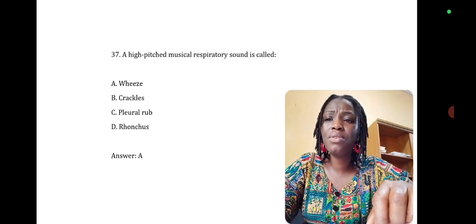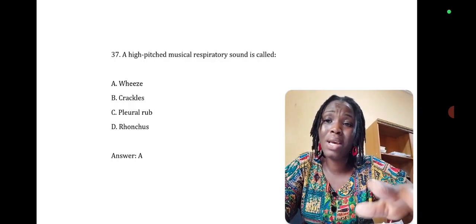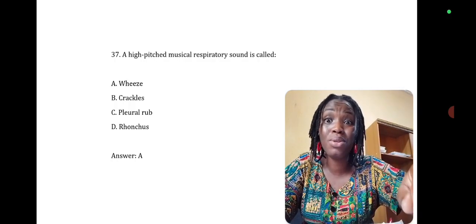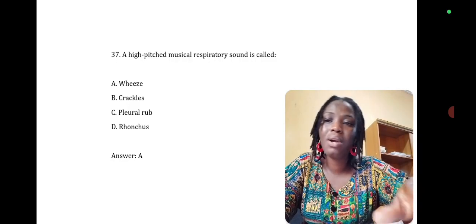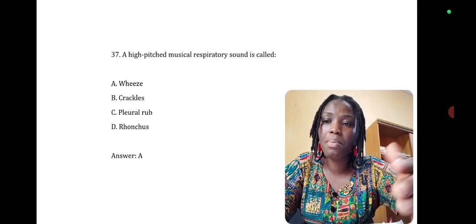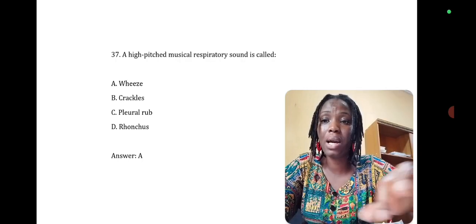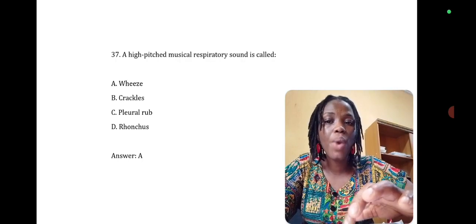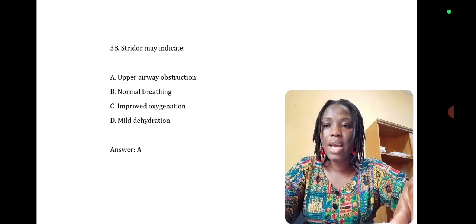37. A high-pitched musical respiratory sound. Once you hear high-pitched musical, it's wheezing. Crackles is different, rhonchi is different, pulmonary rub is different; they are all different sounds. But the one that is high-pitched musical is wheeze or wheezing. 38.